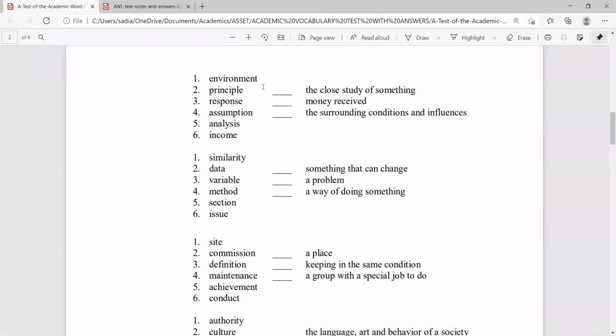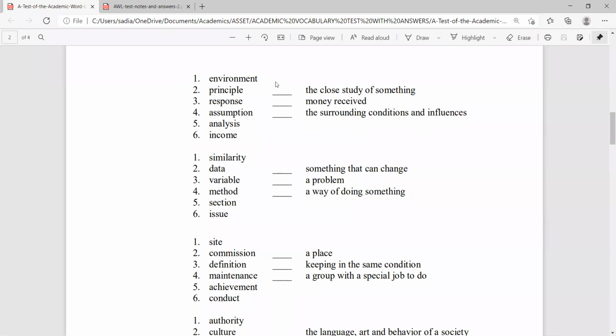We have environment, principle, response, assumption, analysis, income. Meanings given are the close study of something, money received, the surrounding conditions and influences. Now let us see the meaning, the close study of something. Environment, no. Principle, no. Response, no. Assumption, no. Analysis, closely study something, most probably analysis.